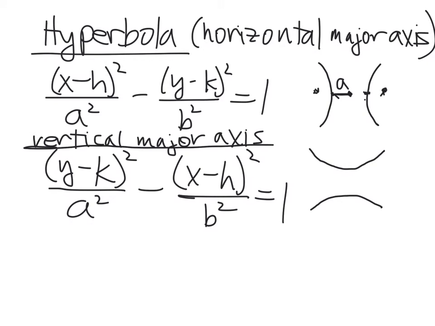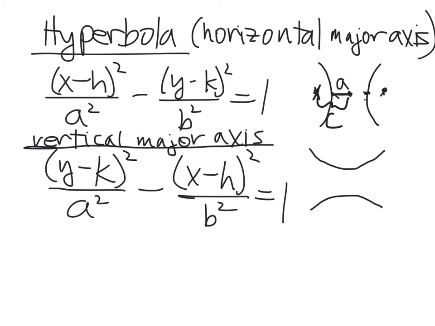So our vertical major axis, we have the y minus k quantity squared over a squared minus the x minus h quantity squared over b squared equals 1. Now the relationship here between a, b, and c is different than what we saw with the ellipse. The ellipse, a was bigger than c, but on the hyperbola, remember, c is going to be that distance.